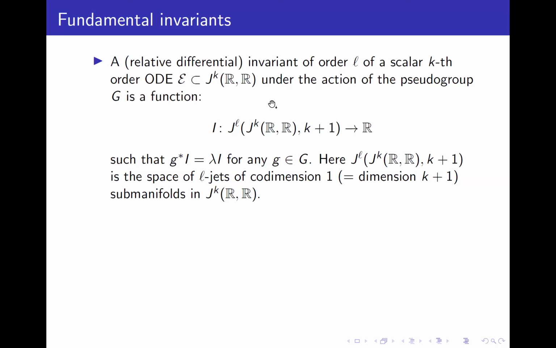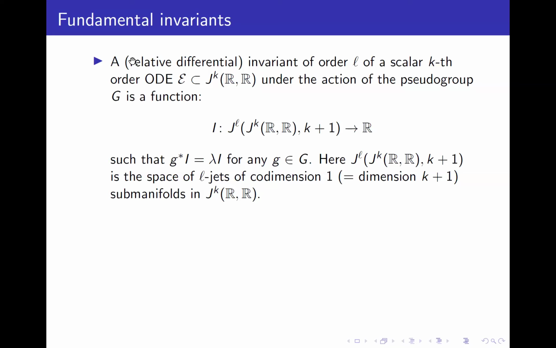Or in more abstract terms, we may think about an ODE, as I mentioned, as just a hypersurface in the jet space. So J^k(E) has dimension k plus 2, so hypersurfaces of dimension k plus 1. We may consider jets of such hypersurfaces of arbitrary order, and then an invariant is a function.